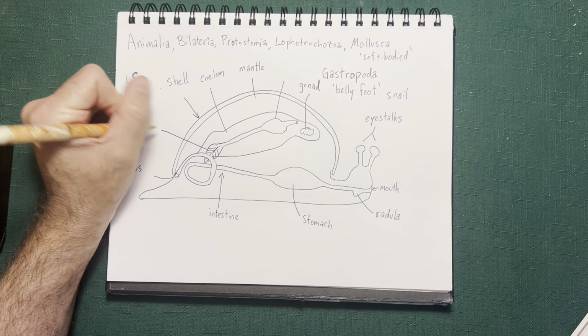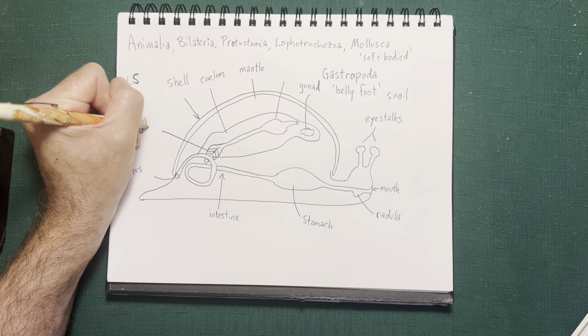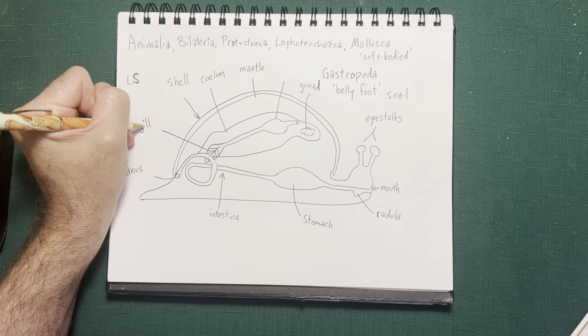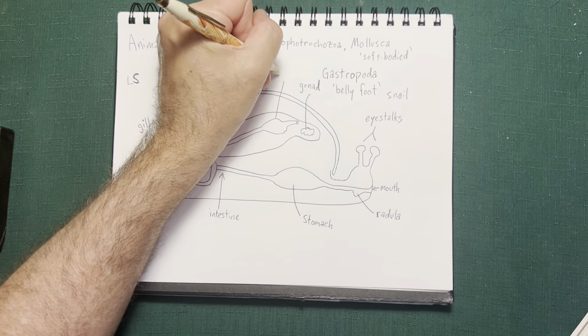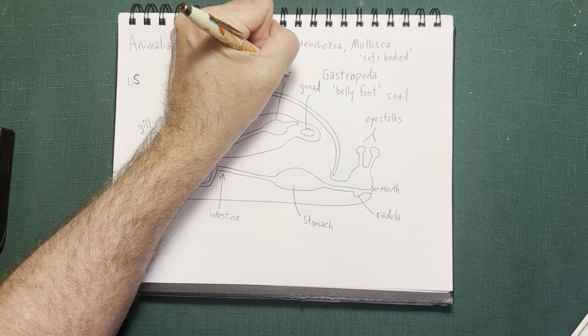So we've got that leaf-shaped thing. Turns out that is the gill for this particular gastropod, this snail. And this structure up here is its heart.